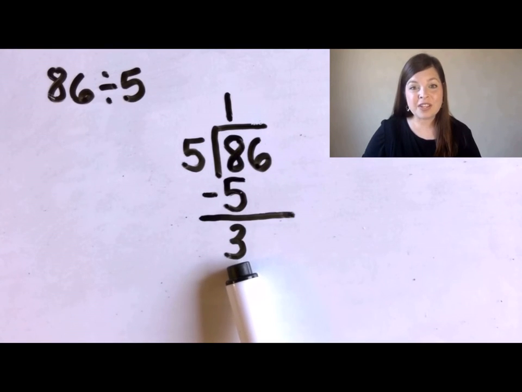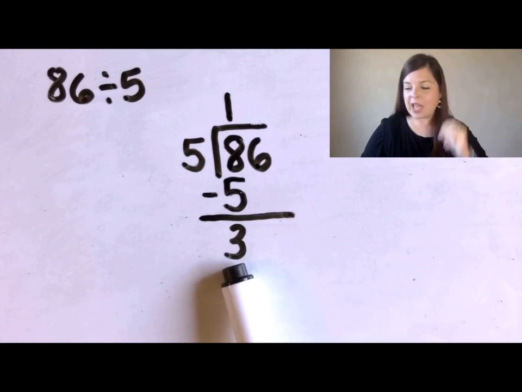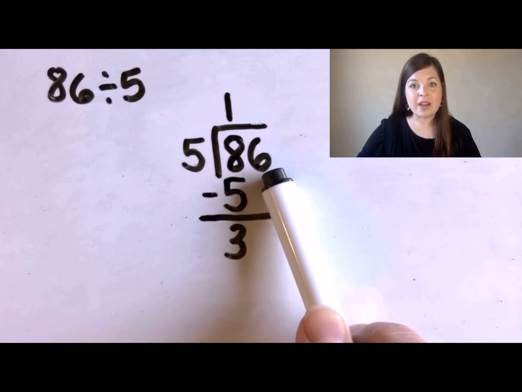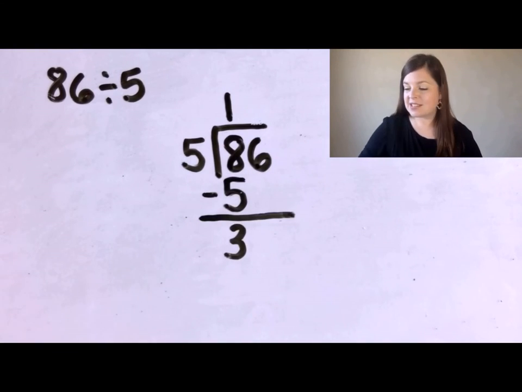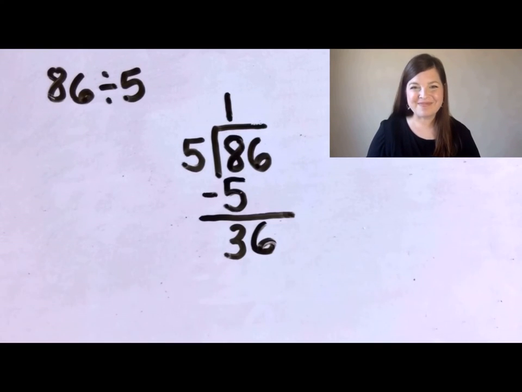Here in our long division, we just imagine unbundling those 3 tens as 30 ones, and we rename them as 30 ones in our heads. And we put them with the 6 ones that we already had, and we get 36 ones that still need to be divided. So we still have 36 ones to distribute.